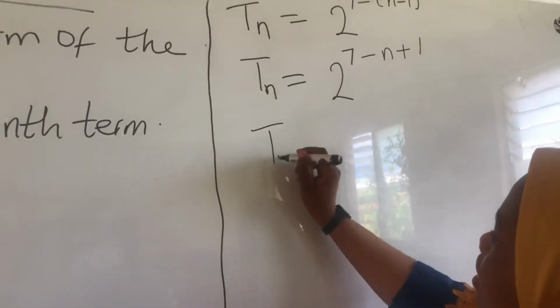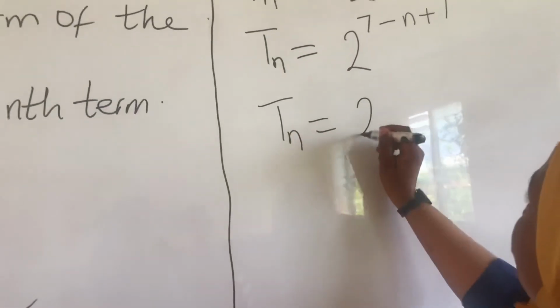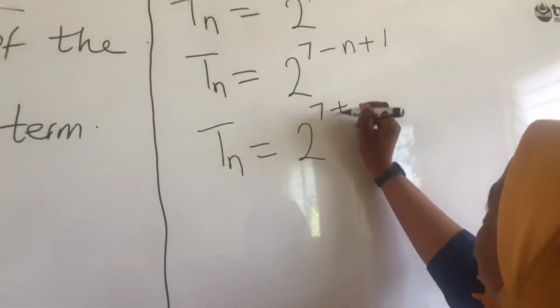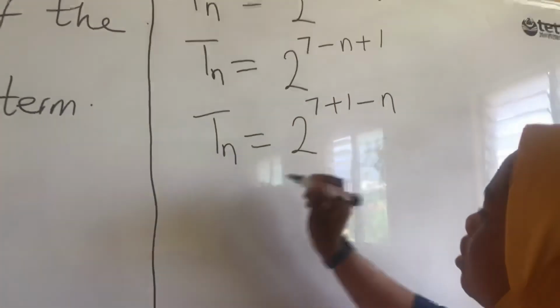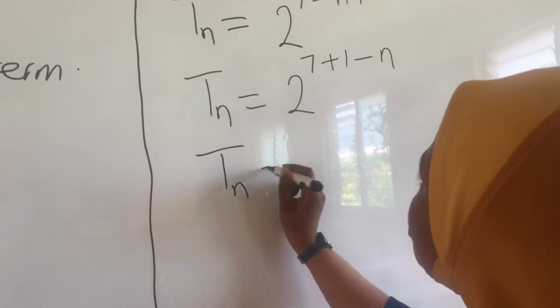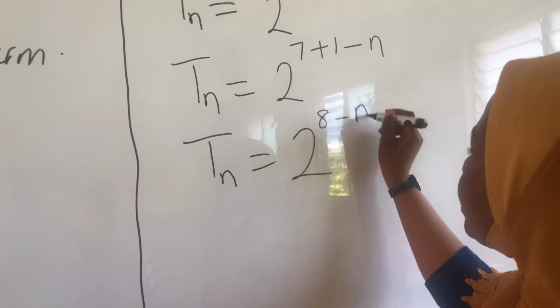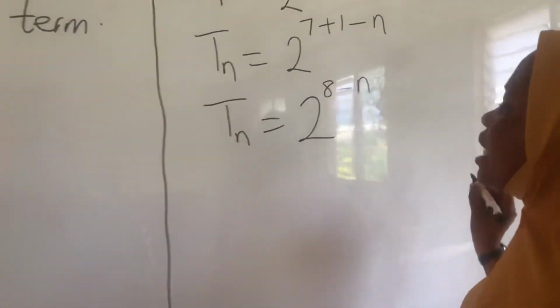So the nth term will be equal to 2 raised to the power of 7 plus 1 minus n. So the nth term will be equal to 2 raised to the power of 8 minus n, and that is the formula for the nth term.